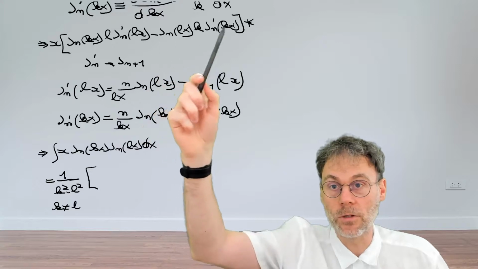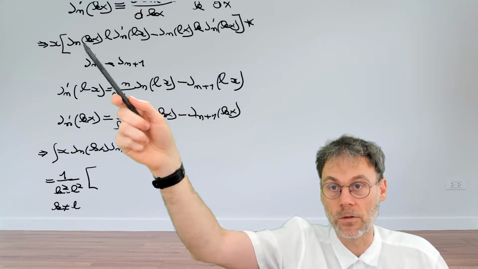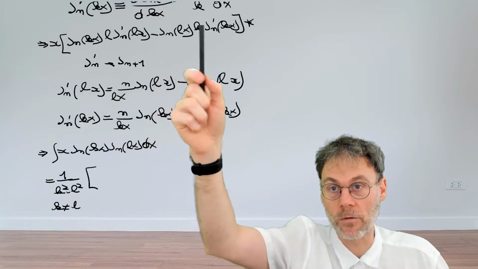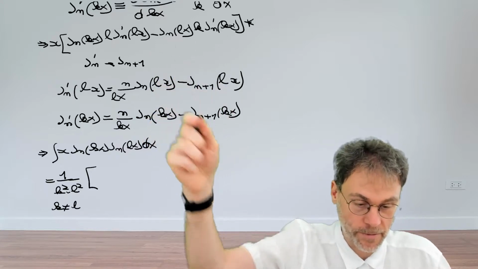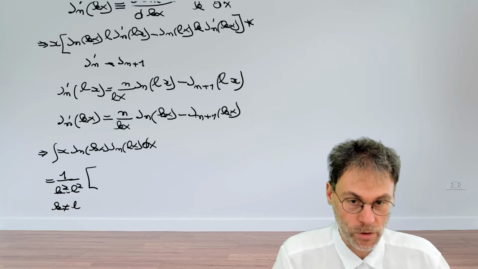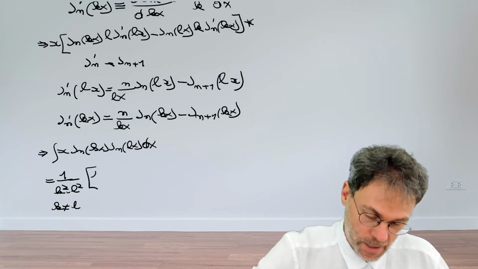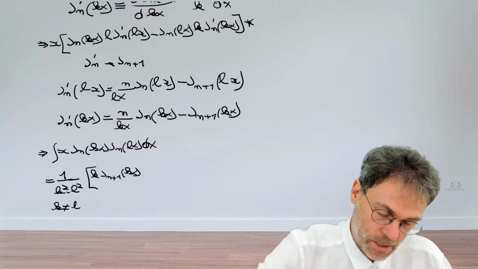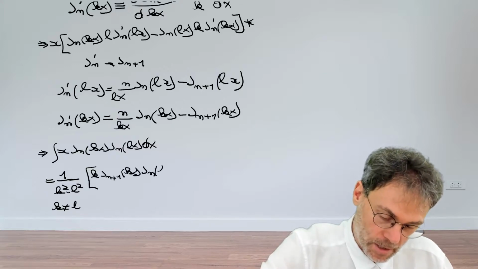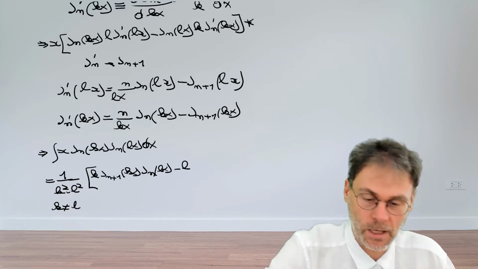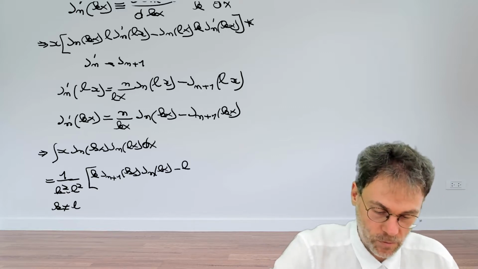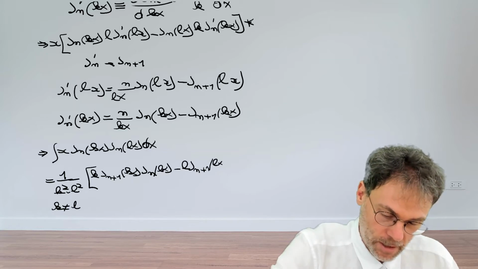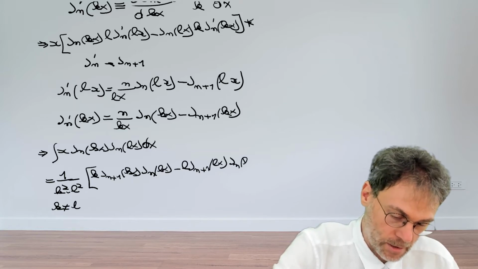And then we substitute these guys into that thing. Since the sign flips and we have a minus sign here, we're first going to write down this thing. So that gives us finally k J_(n+1)(kx) J_n(Lx), and then minus L J_(n+1)(Lx) J_n(kx).